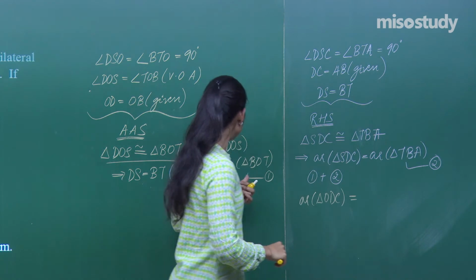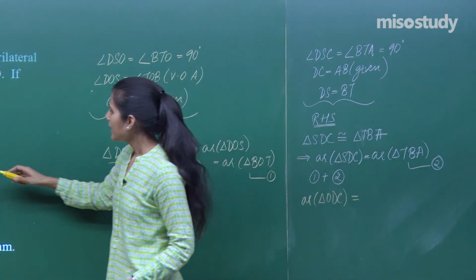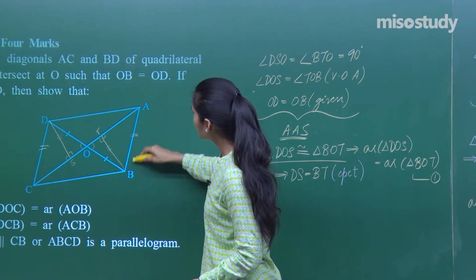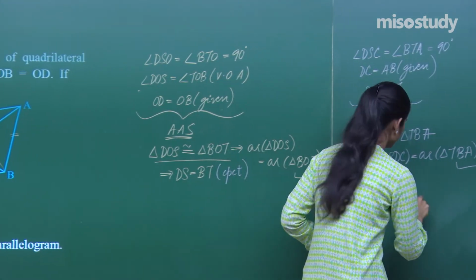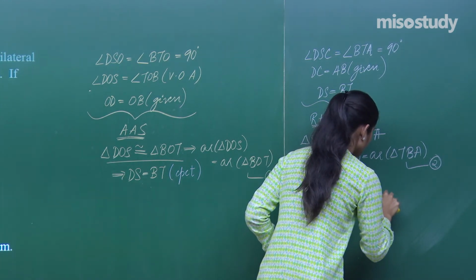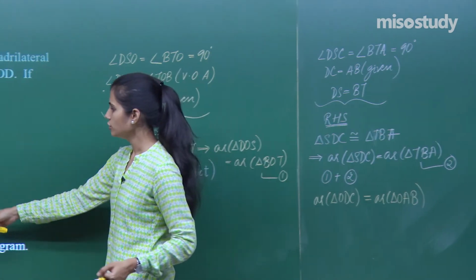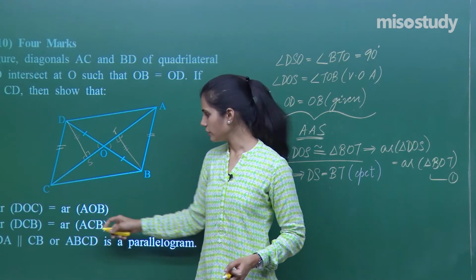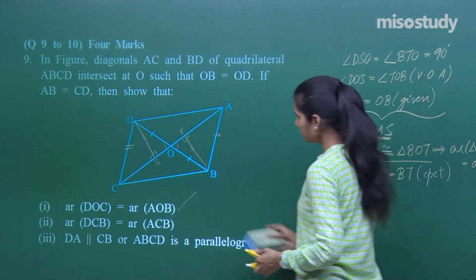This is equal to area of triangle BOT plus area of triangle TBA, which gives you area of triangle OAB. And that is what you wanted to show. So we've shown the first part.